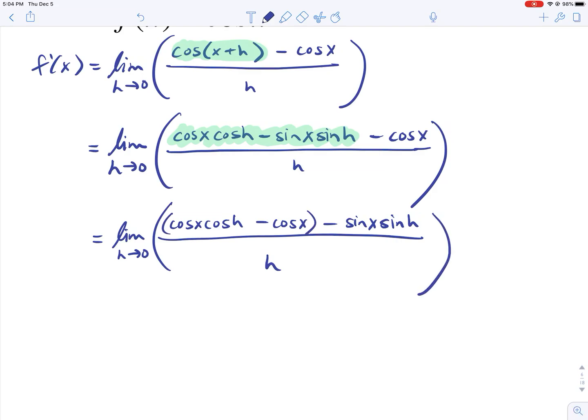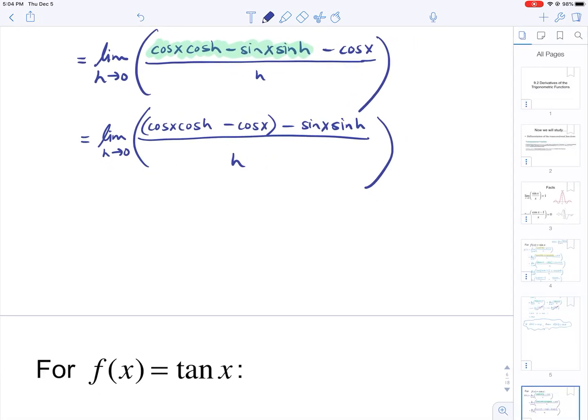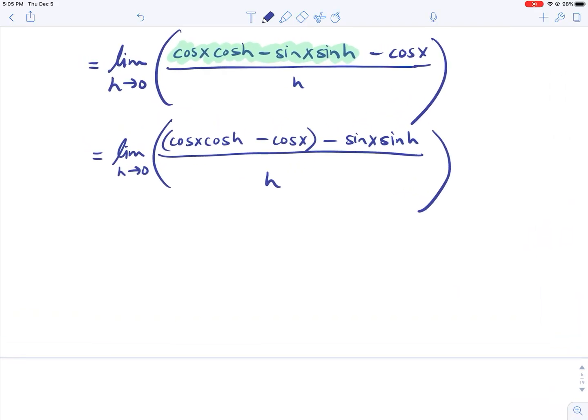I can group those two terms together by the associative property of addition. It's very similar to the derivation of the derivative of sine. So I'm going to factor out the cosine of x from the two terms that I just grouped.